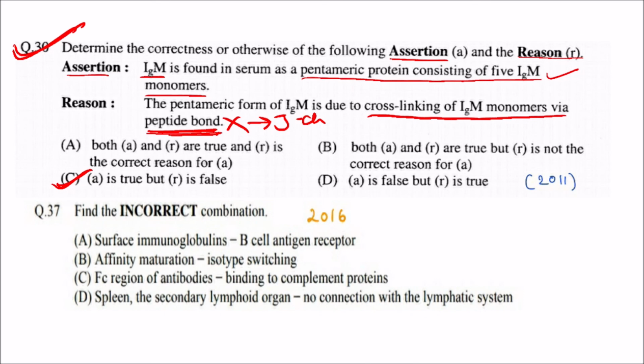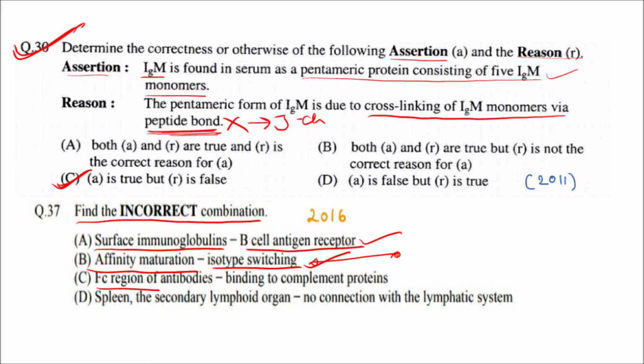Coming to our next question, find the incorrect combination. Serum immunoglobulin, B cell antigen receptor, true. Affinity maturation, isotype switching, true. Next, Fc region of antibody binds to complement system activation, I told this earlier also.